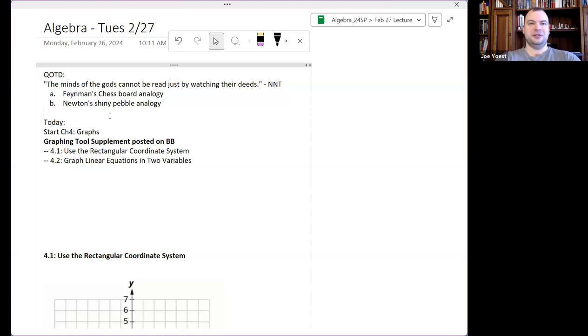So I think a lot of mathematics is used in the applied setting to create models, and we should always be cognizant that our models are not the rules that reality follows, right? If we say F equals ma, physics doesn't follow F equals ma. We've come up with some mathematical structure to model what physics does, but physics is going to do what it does.